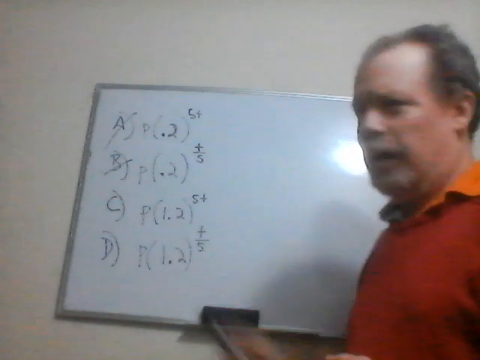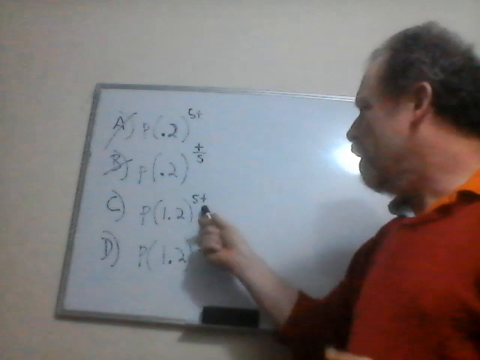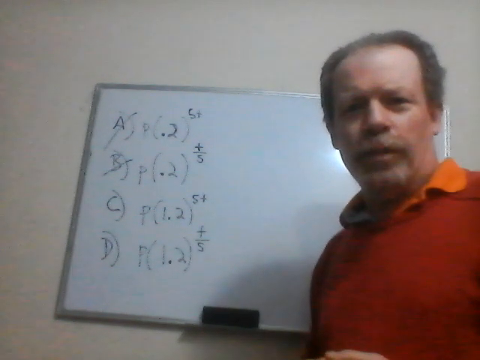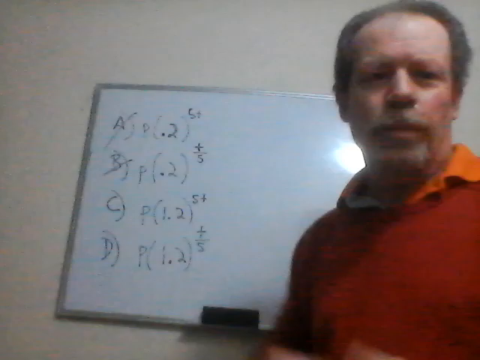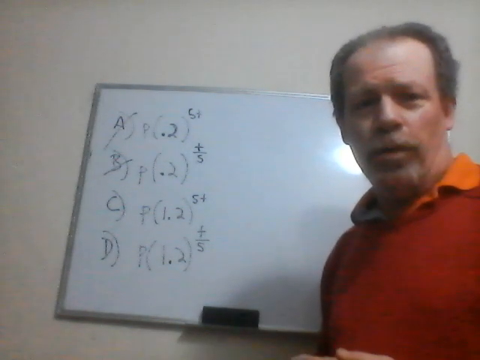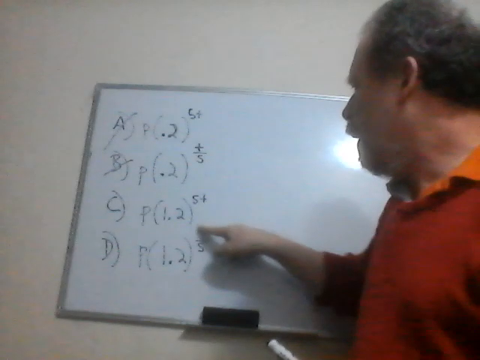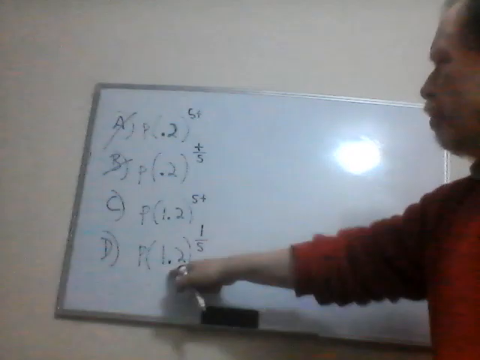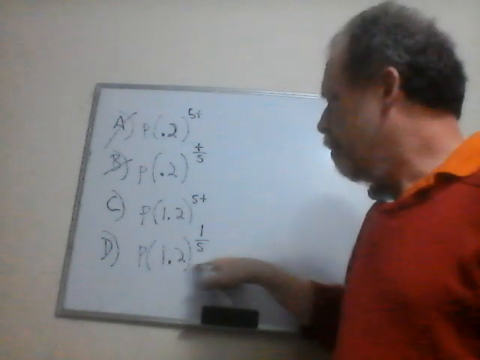Even so, between these, one answer is definitely wrong. That's this answer. This one might be imprecise in terms of projecting the results, but it's the better model between the 2 according to the way that the population growth is described. So if you look at it this way, this would be 1.2 to the 1/5, which is a pretty small number.